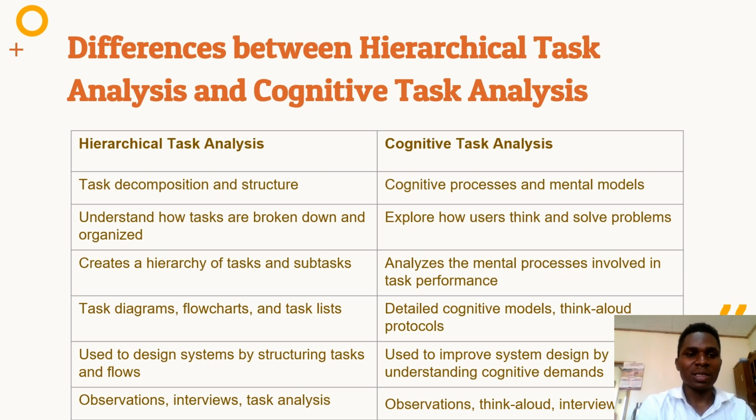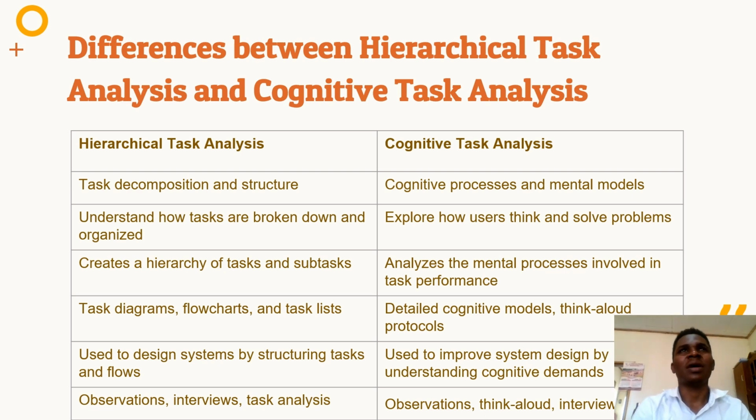Here in HTA, we create a hierarchy of tasks and subtasks. Okay, then we have analyzing the mental processes involved in the task, the process of task performance. Here we have already looked at it in the description of CTA. Here, okay, in HTA, maybe what I didn't mention, we have task diagrams, flowcharts, and task lists.